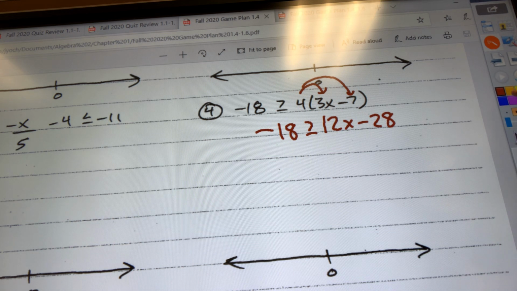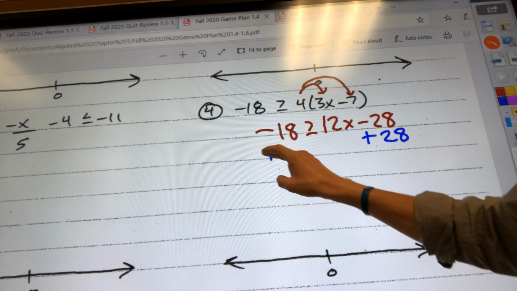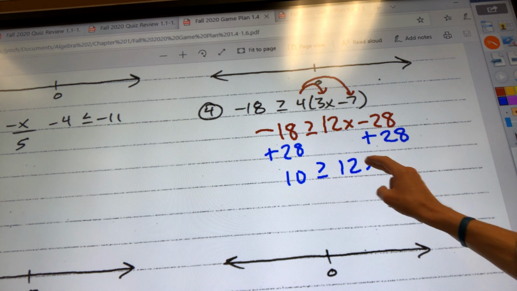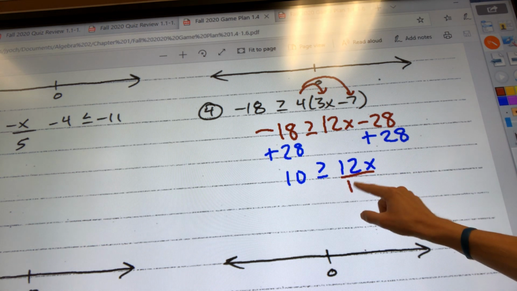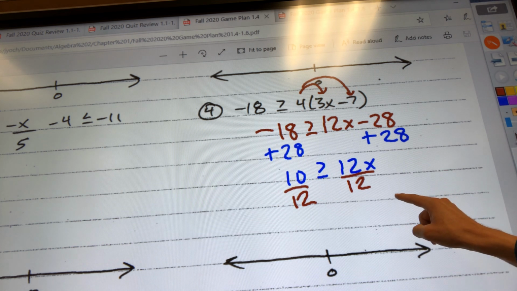I've got x's on the right side, so I'm going to keep them there. This is a good one for us. Add 28 to both sides. We get 10 is greater than or equal to 12x. Divide both sides by 12. You can call it 0.83 repeating, 5 over 6, 10 over 12.